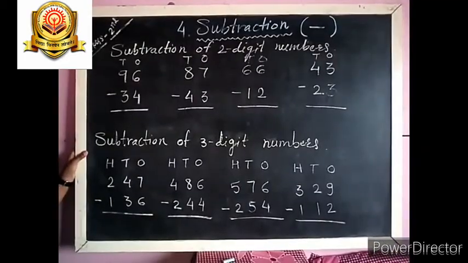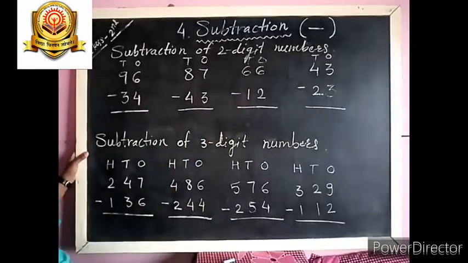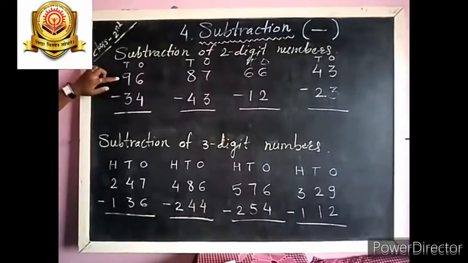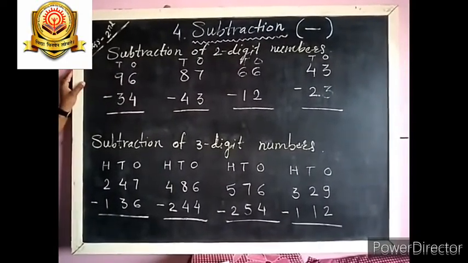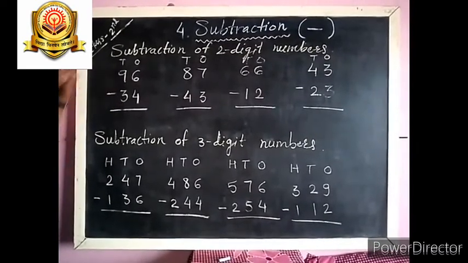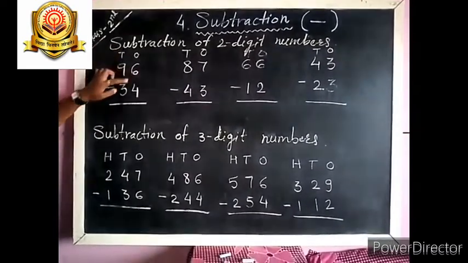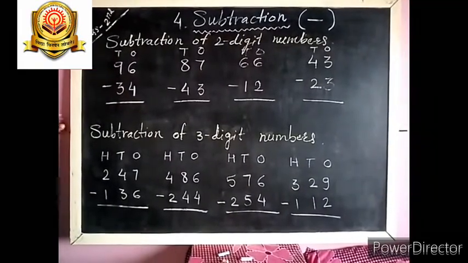Next method, subtraction of 2-digit numbers. Now students, listen. 96 minus 34. In this number, we have to subtract 34 from 96. On ones place 6 and 4 is there, and on tens place 9 and 3 is there.